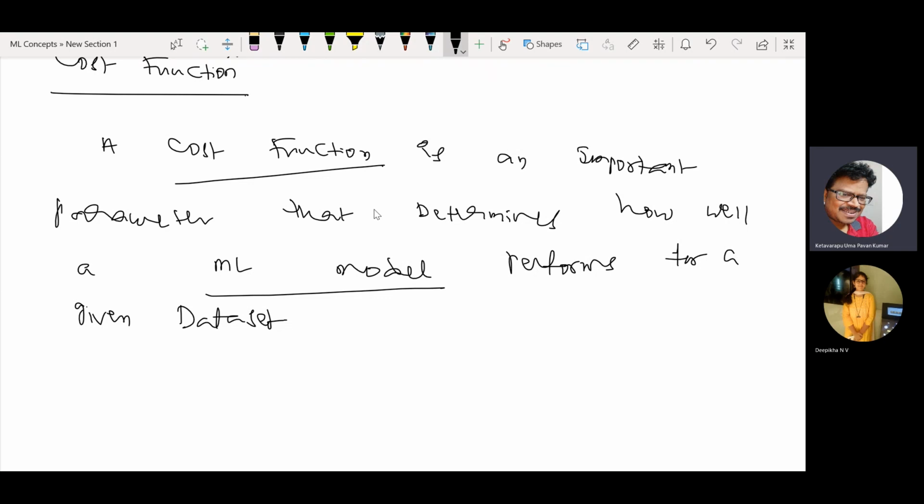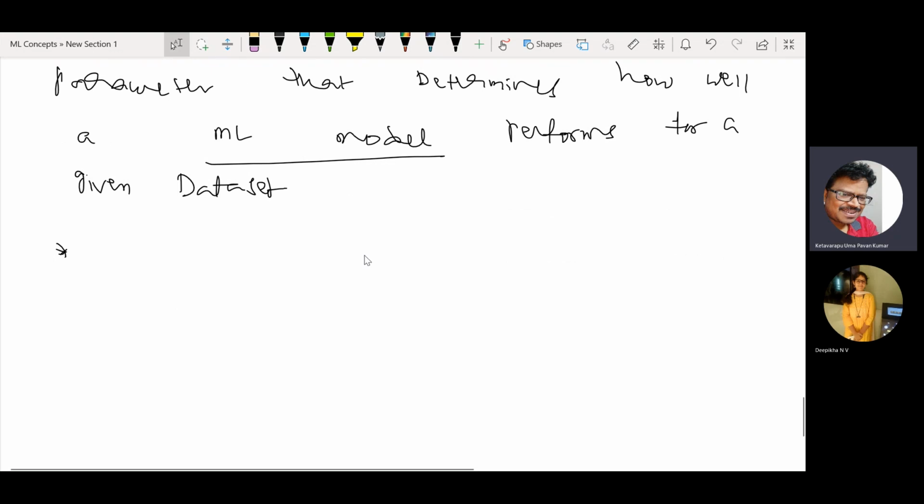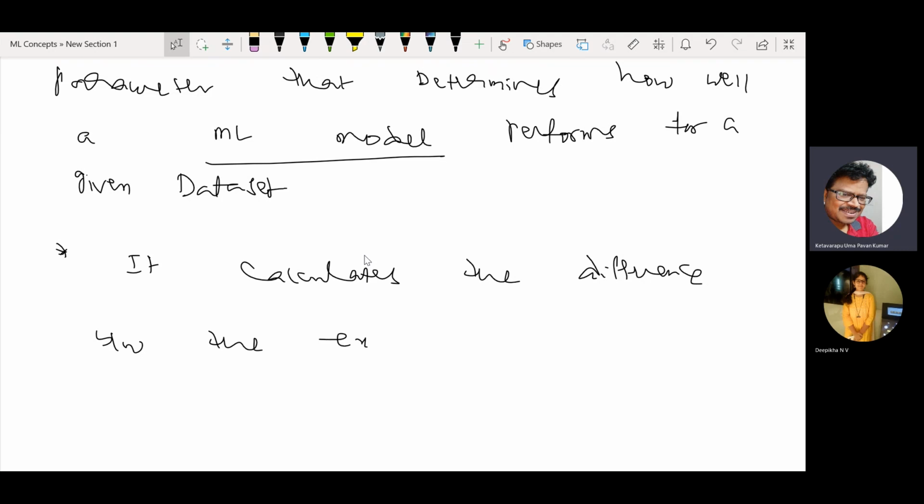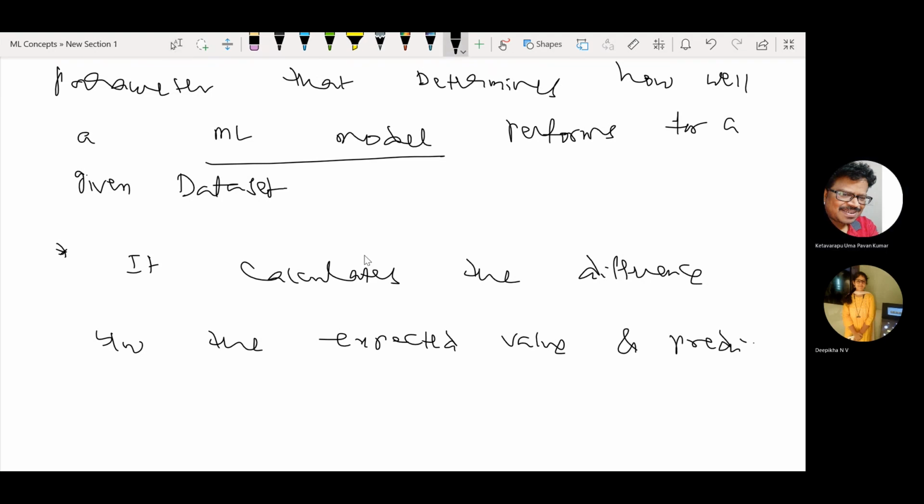So what exactly does this cost function do? Basically, it calculates the difference between the actual value, the expected value, and the predicted value, and gives it as a real number.